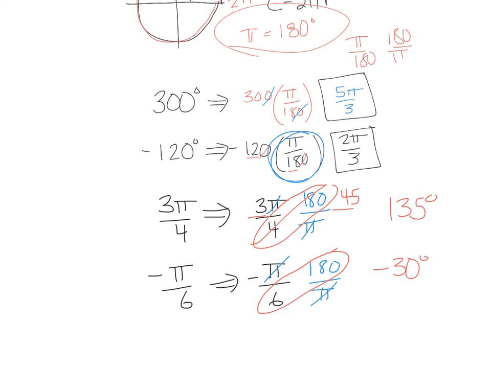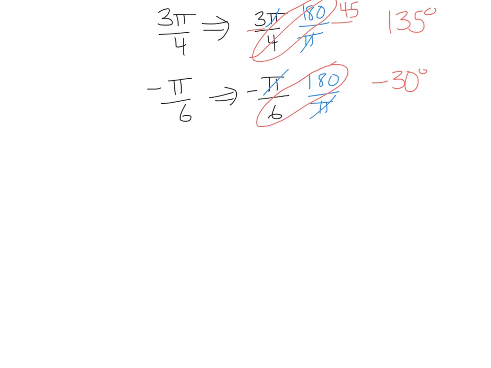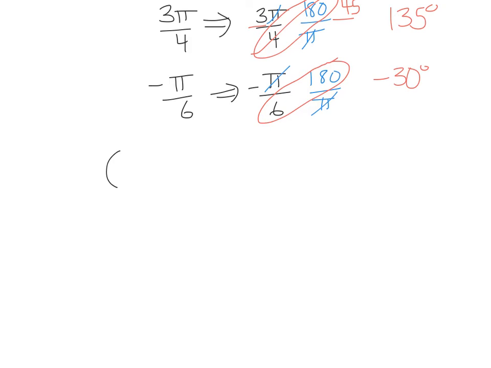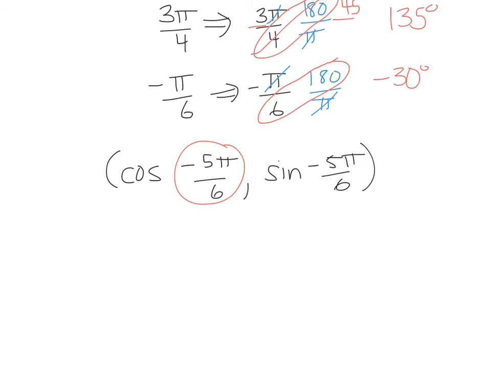So you can do exact values with radians too. So if you have to find the coordinate of cosine of negative 5 pi over 6 and the coordinate of sine of negative 5 pi over 6, you could think of, what is this in degrees?